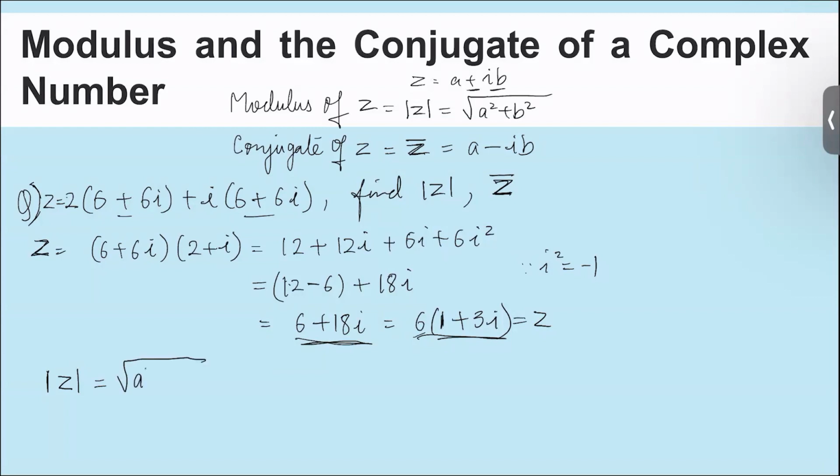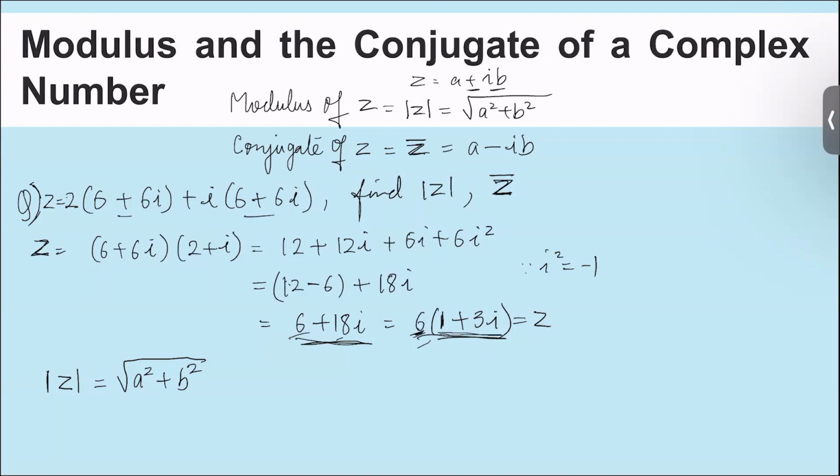Since we know that the modulus is the square root of a squared plus b squared, you can either put the coefficient inside the bracket and take A and B from that, but if you have a coefficient that you have taken outside, you don't consider it for your modulus calculation.